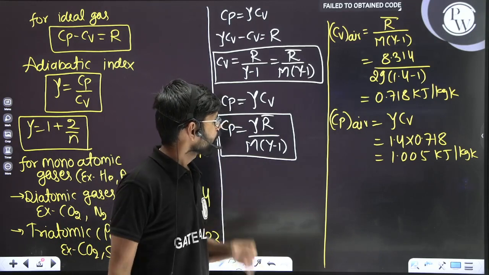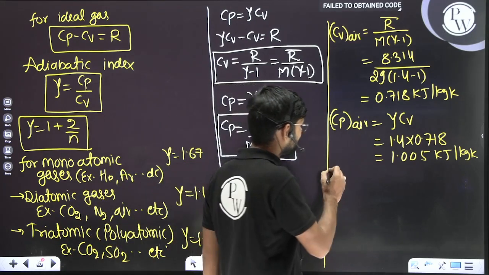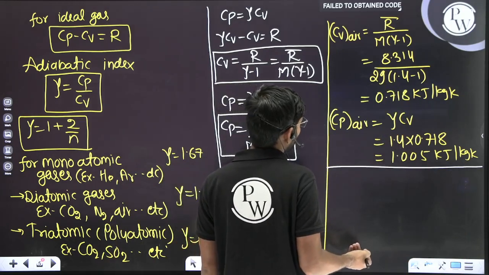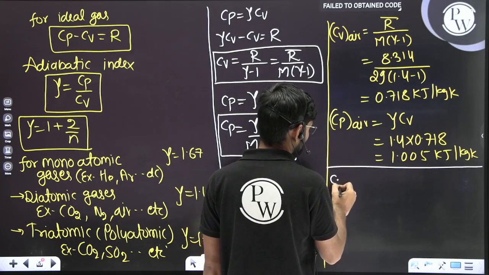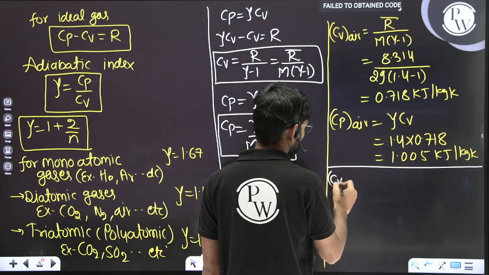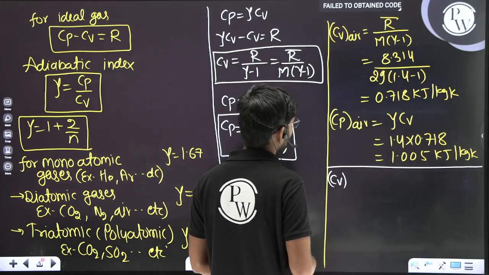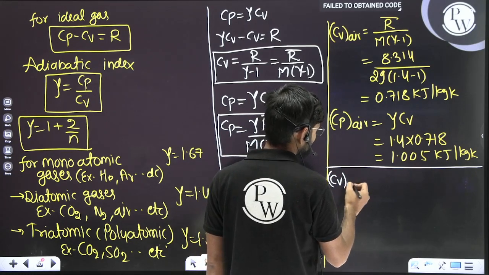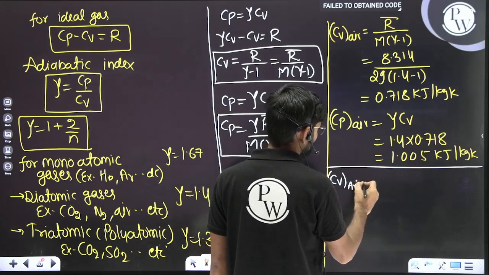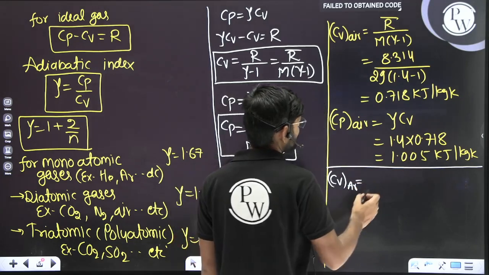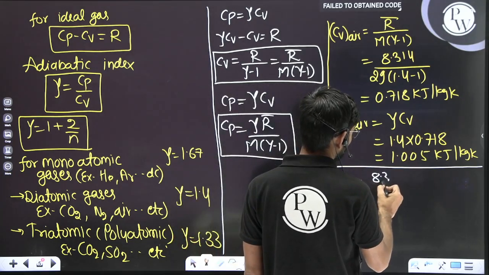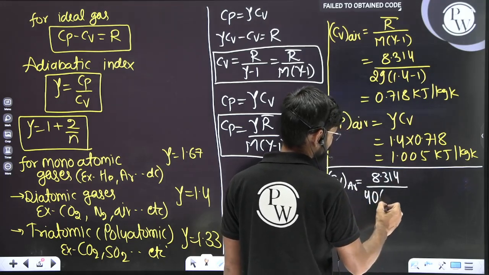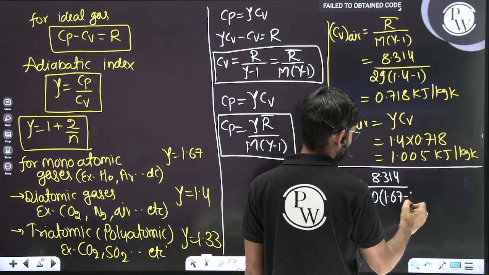If I find out some other values, for example, the Cv value of argon, how much will it come? That is R bar 8.314 divided by molecular weight 40, 1.67 minus 1.